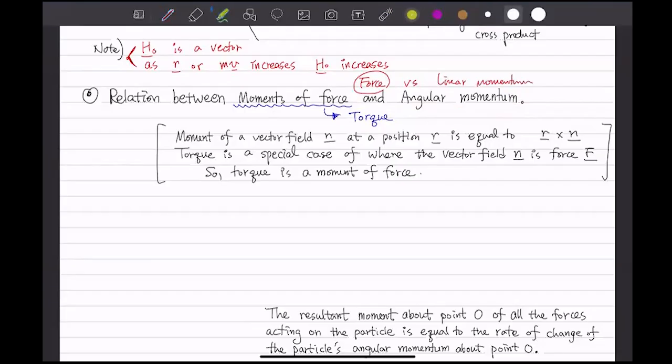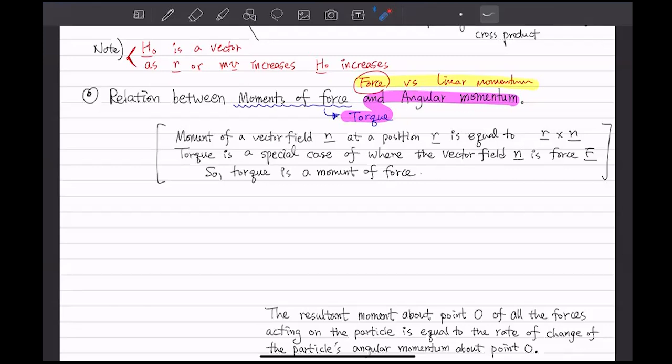Okay, so this is kind of equivalent to what we're trying to do right now. Force and linear momentum, it had that impulse kind of thing, right? So we're trying to find that thing here.